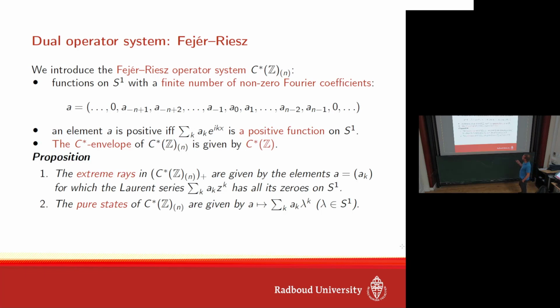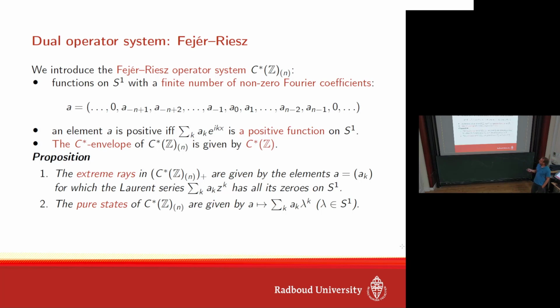This amounts to choosing those zeros on S1. The pure state. So here's the usual argument: C star of Z n is a sub operator system inside C star of Z. So I can extend the pure state to a pure state of C of S1, which are points of S1. That's to check that I get all of them. And this is possible by some kind of invariance.